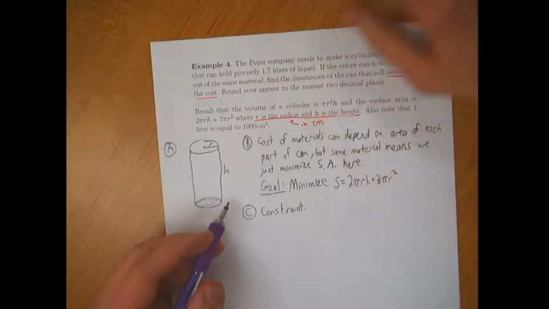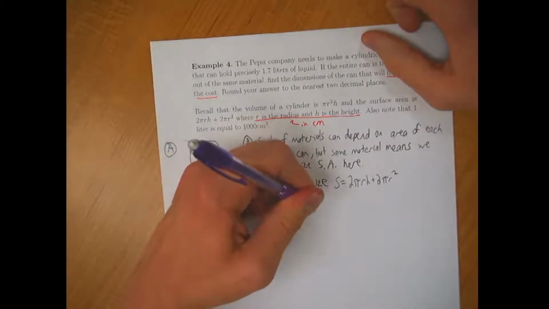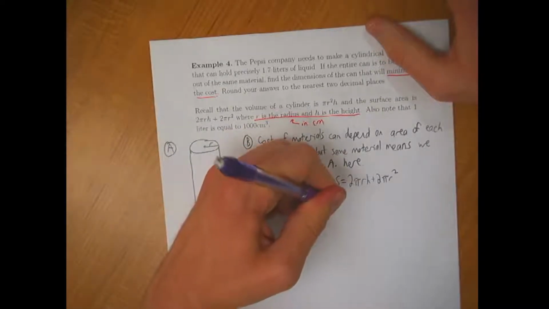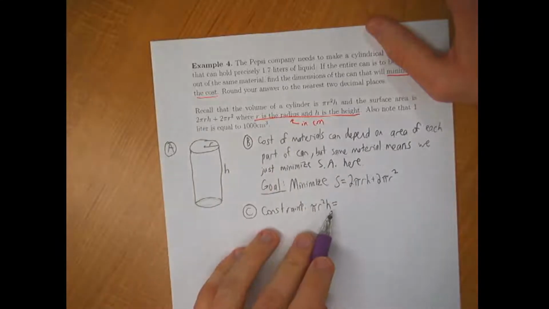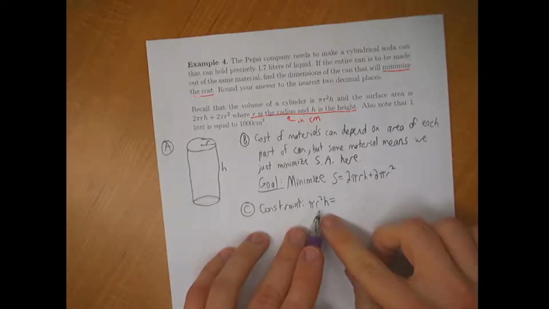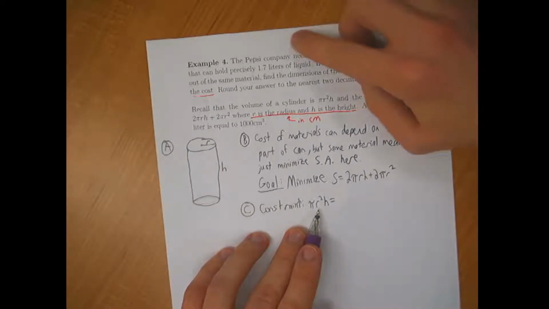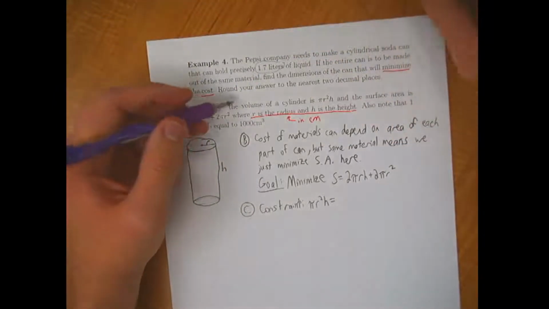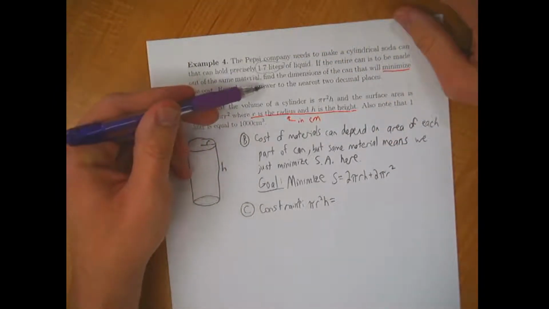So in this case, we're given that pi r squared h, if r and h have units centimeters, that should tell you that this should equal what? This should correspond to this somehow, but we need to get this in terms of cubic centimeters.